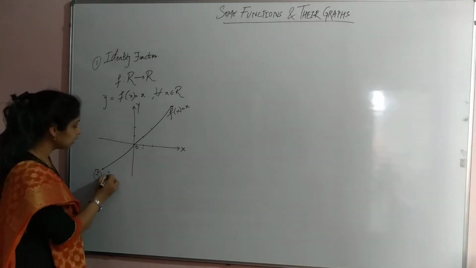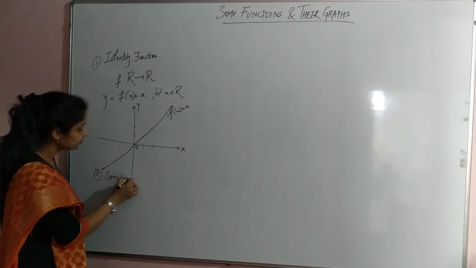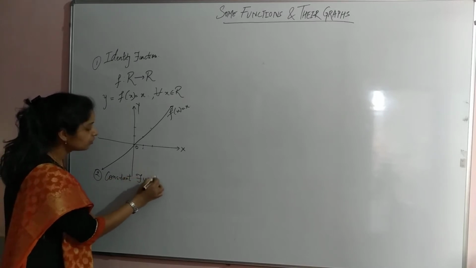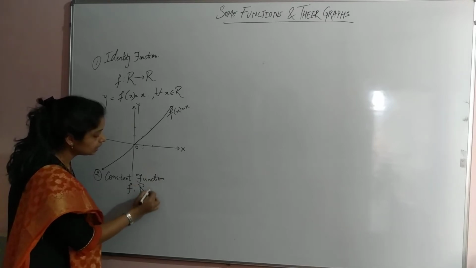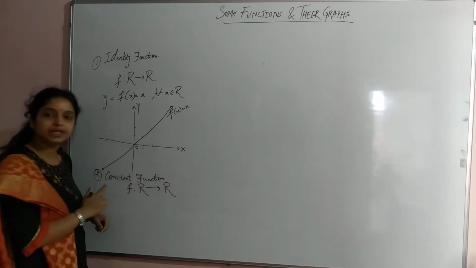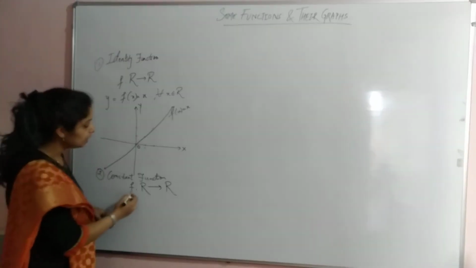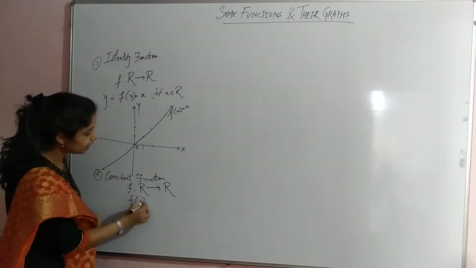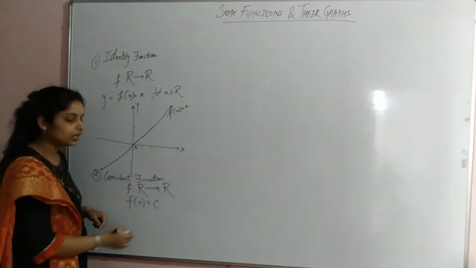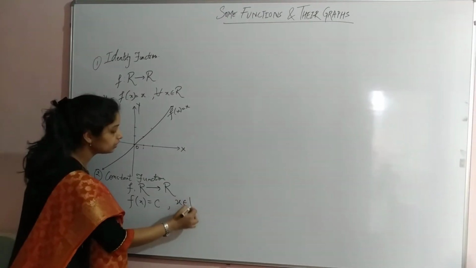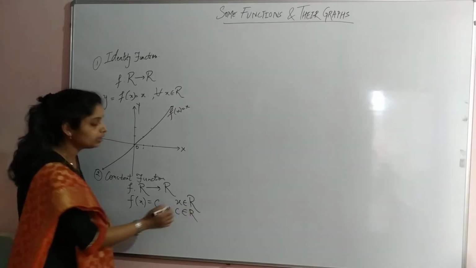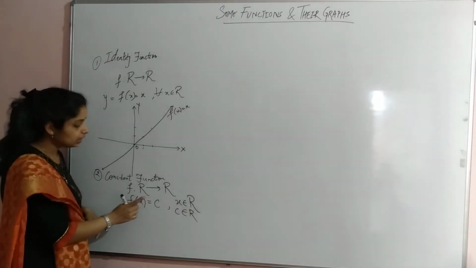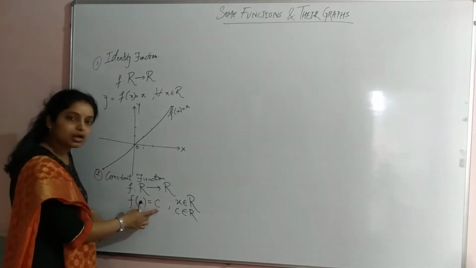The second type of function is the constant function. If we take the same function f from R to R, the set of real numbers to the set of real numbers, then it is defined as f(x) = c, where x belongs to the set of all real numbers and c also belongs to R and is fixed. For each x, we get the same range element, that is c.